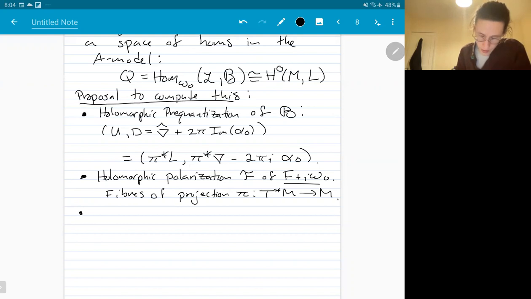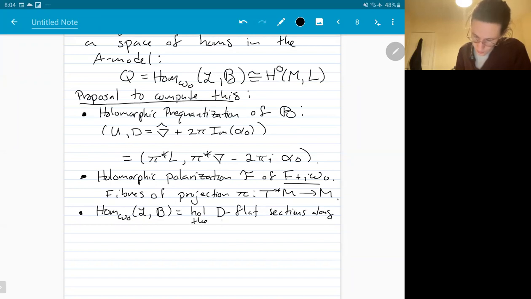And then to define the space of homomorphisms, we take it to be the holomorphic flat sections along the leaves, along the fibers, which intersect L.